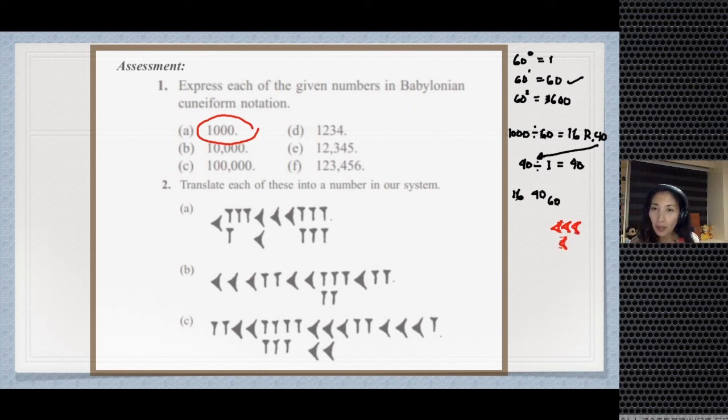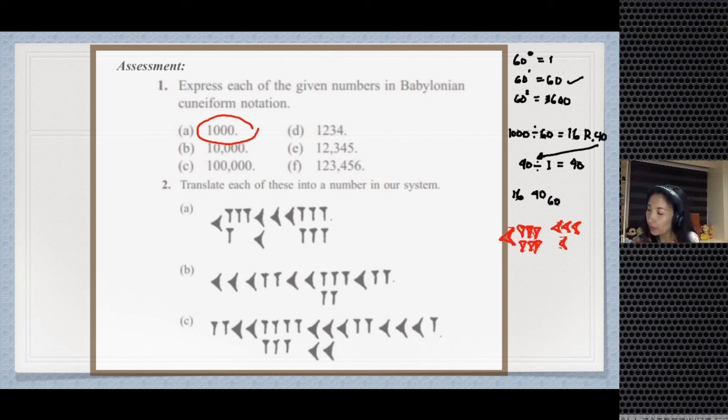And how about 16? 1 horizontal wedge and 6 vertical wedges in 2 rows. Okay, so this is how 1,000 is represented.